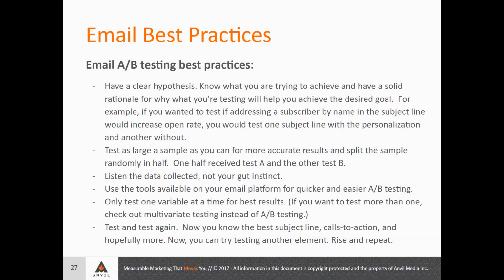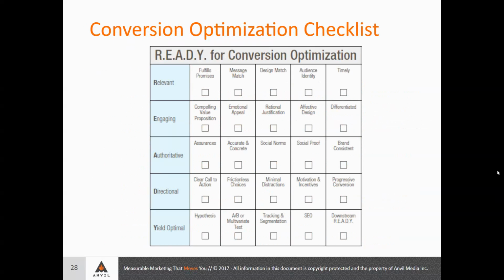And just keep testing. Make sure you test, pick a winner, and then test the winner against something else. You always want to be testing things and seeing what you can do to make them better. There are always ways to improve. And just know your best subject lines, calls to action, landing pages, emails, everything that you're doing. This is kind of a conversion optimization checklist.